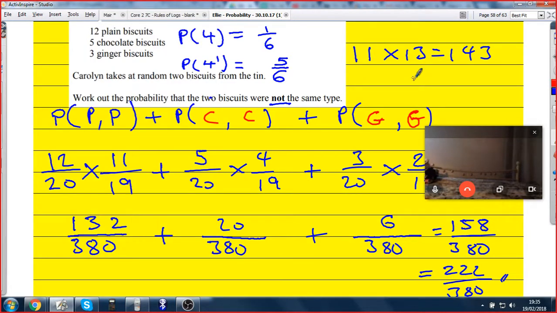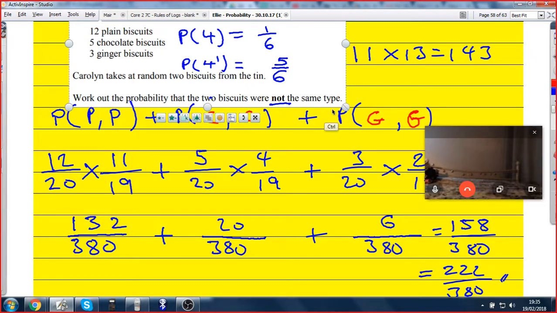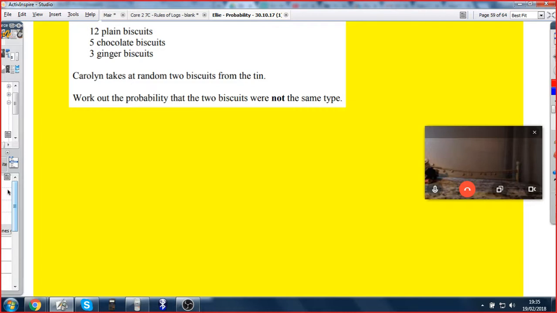Okay, so if you're looking for if they're not the same, you do it as if you're working it as they are the same, and then take it away at the end. Yes, and so what we could have done was, what are the possibilities where you get 2 biscuits where they're not the same?